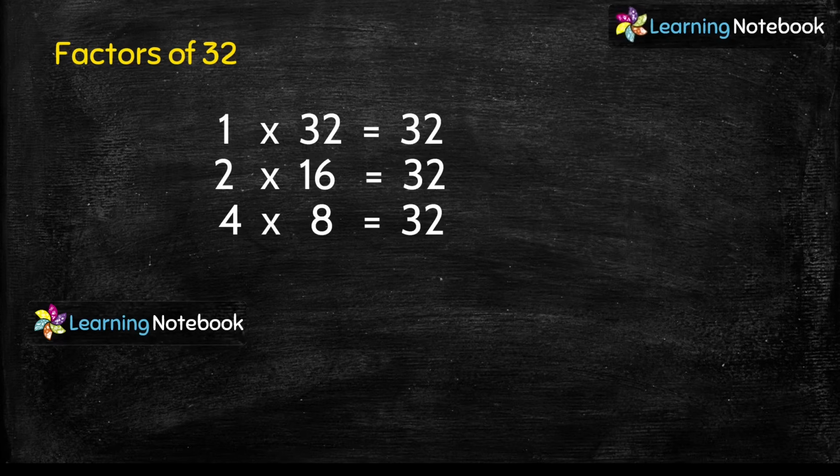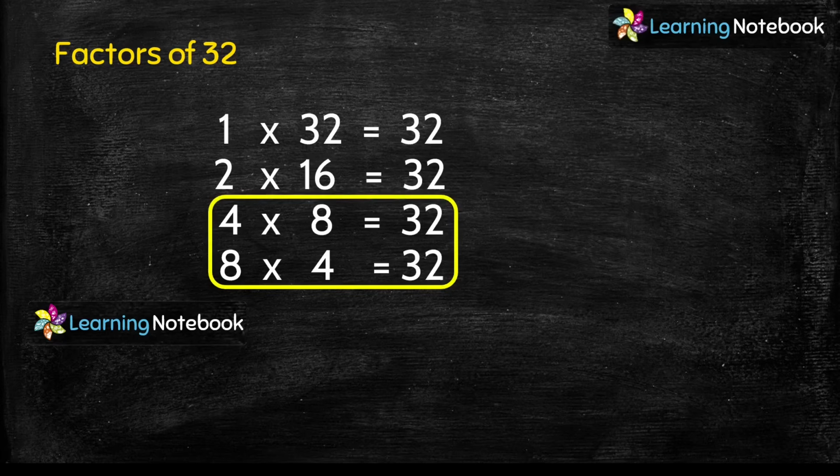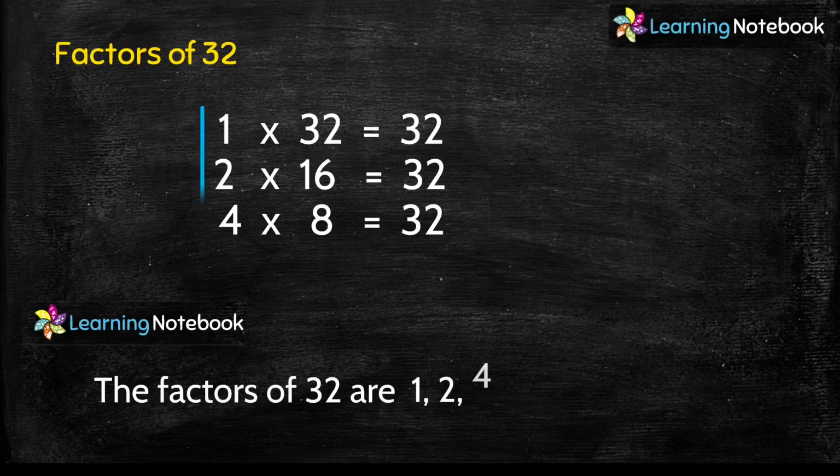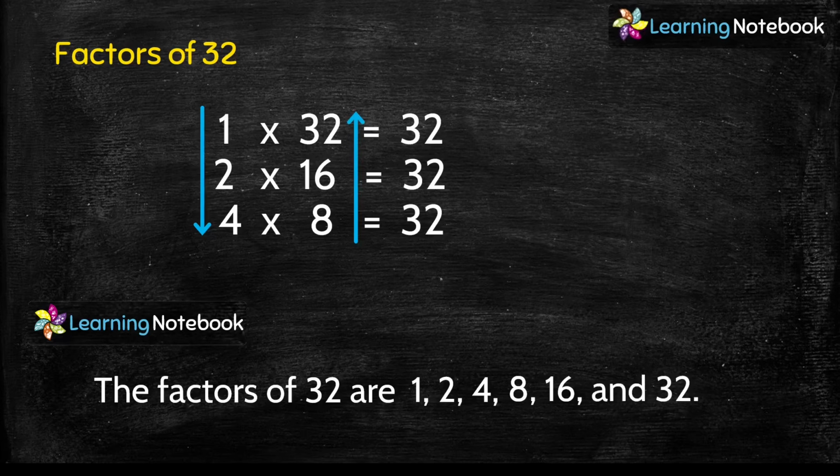Then 32 is not divisible by 5, 6 or 7. And in table of 8, 8 into 4 equals to 32. But we have just covered it as 4 into 8. So let's stop here. So factors of 32 are 1, 2, 4, 8, 16 and 32.